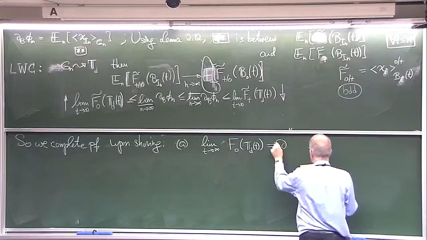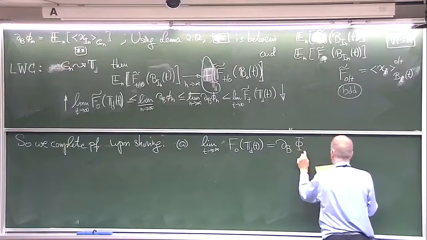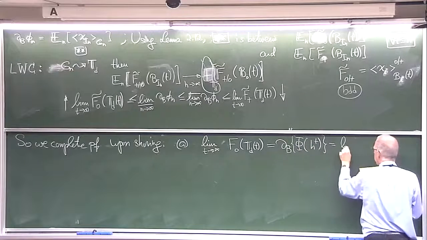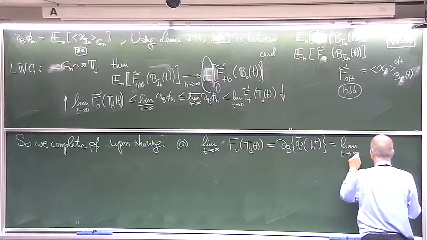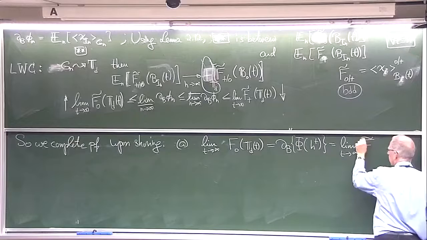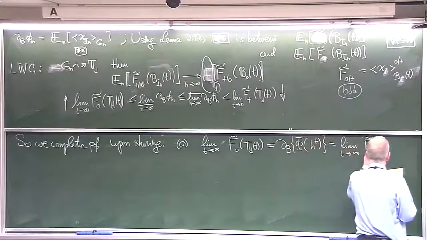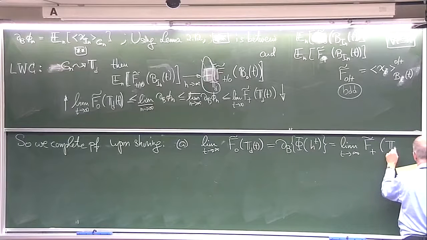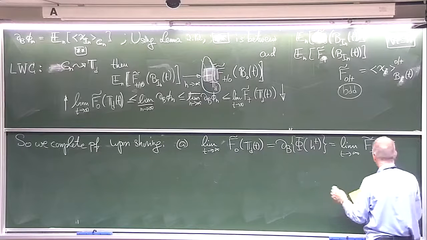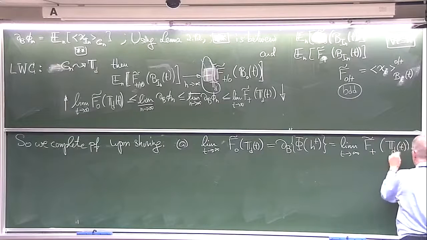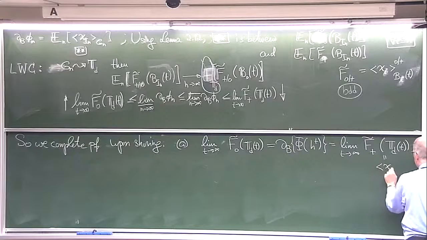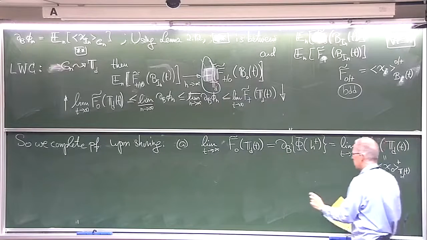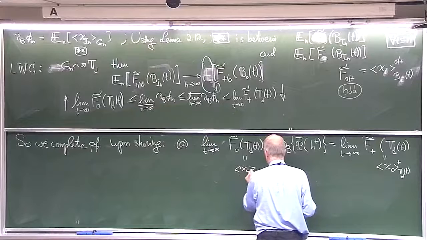And this is equal to the derivative with respect to B, and we know what these are. This is just the value of x plus, and this is equal to x.